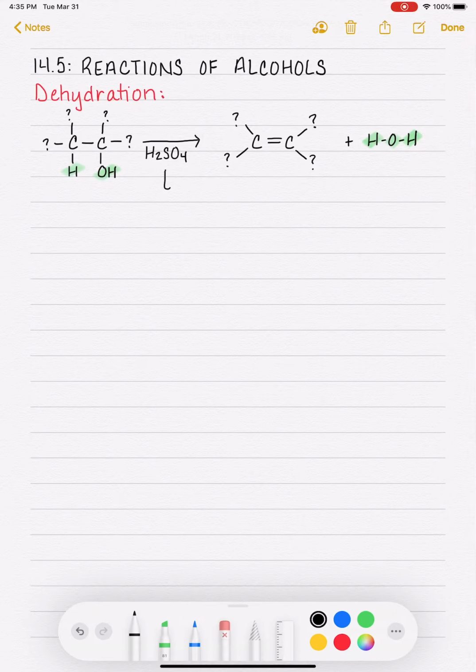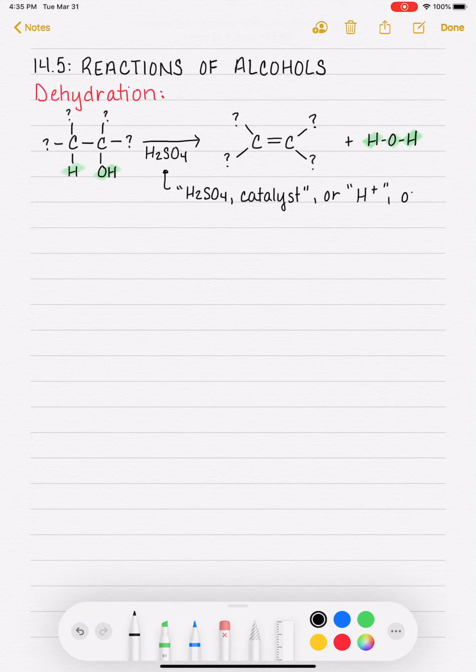So instead of saying H2SO4, you might see H2SO4 catalyst. That's just specifically saying that the sulfuric acid is acting as a catalyst. You might also see H+, which is an abbreviation for H2SO4.